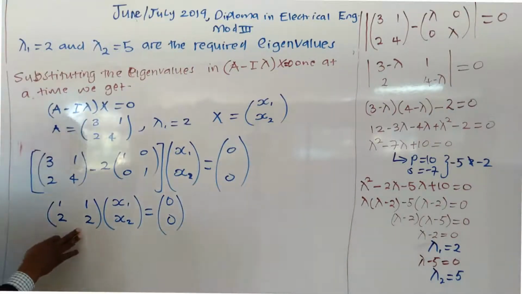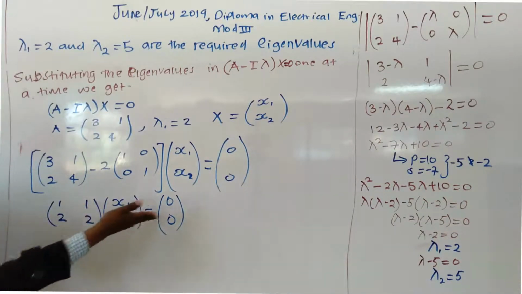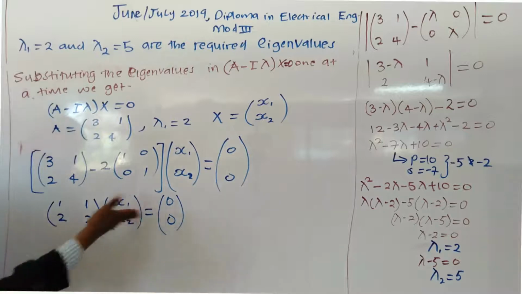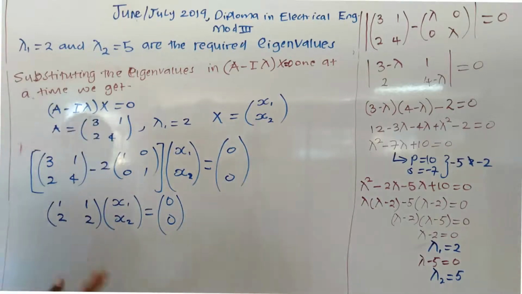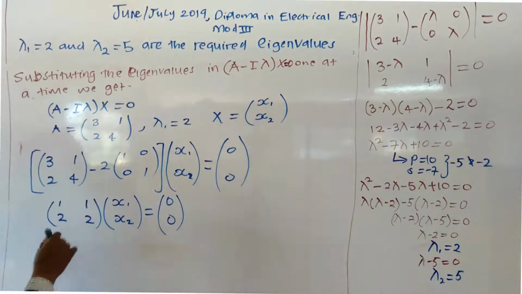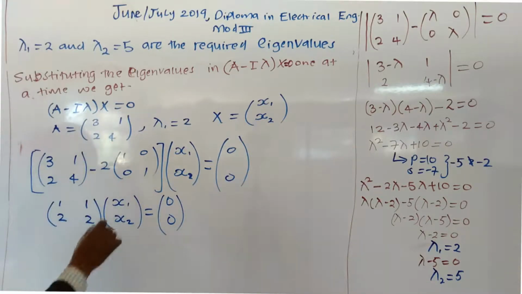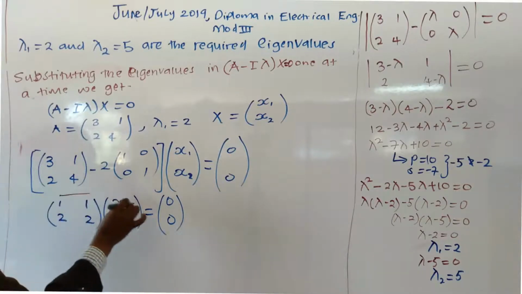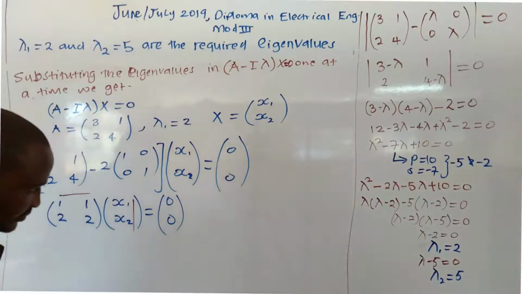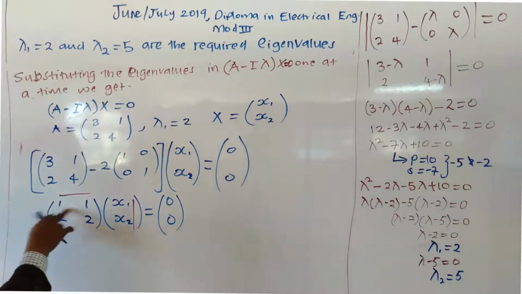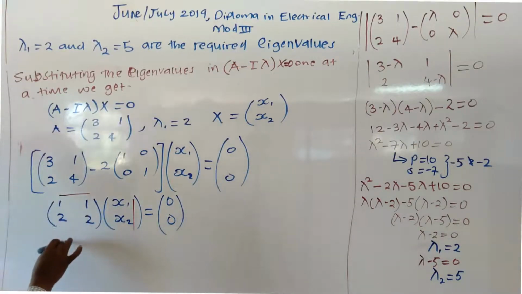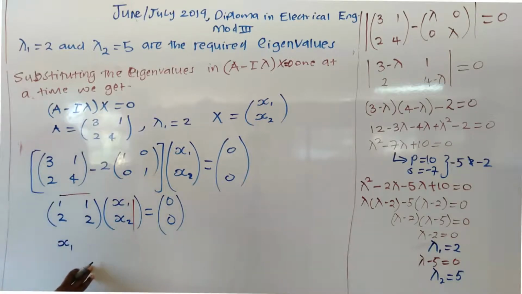If we now do matrix multiplication so that we can rewrite this matrix equation in algebraic form, remember, when you're doing matrix multiplication, it is row by column. So it is x1 times 1, it is x1, plus x2 times 1, it is x2.